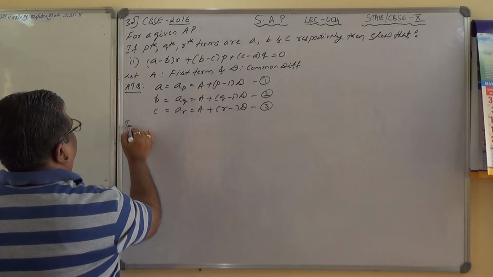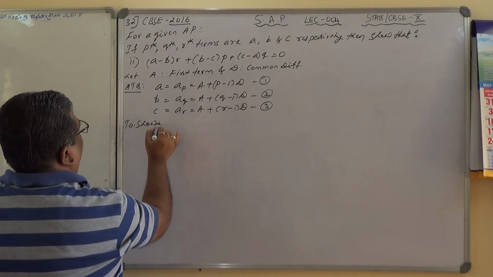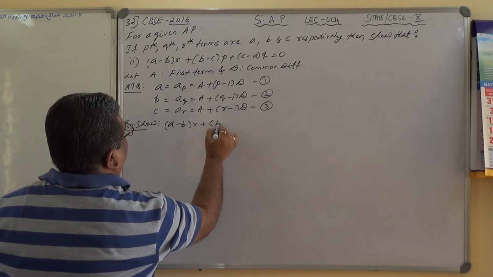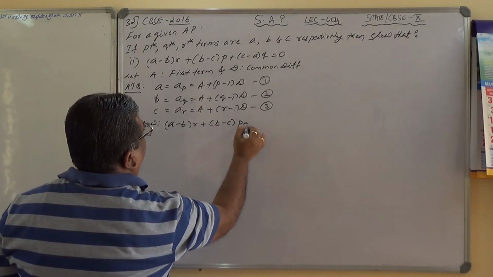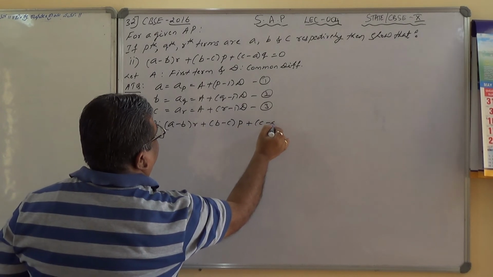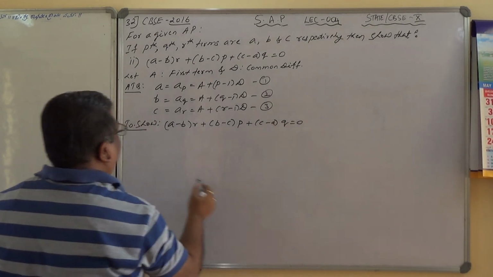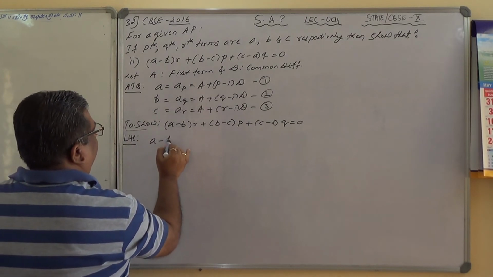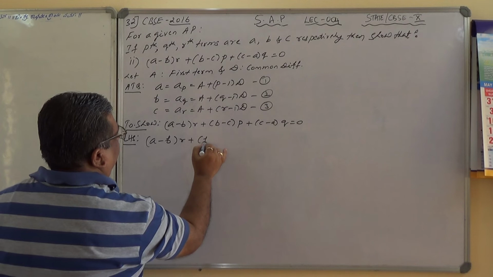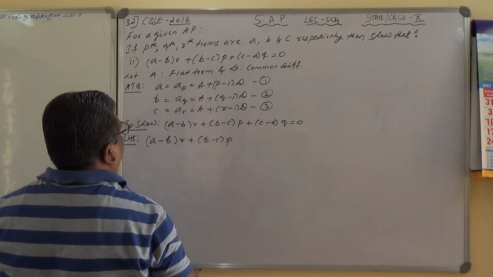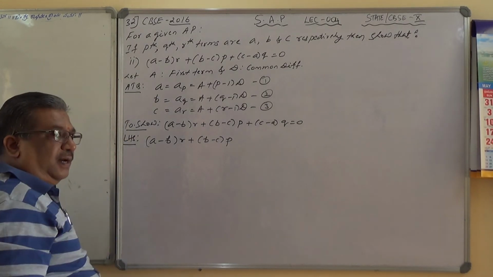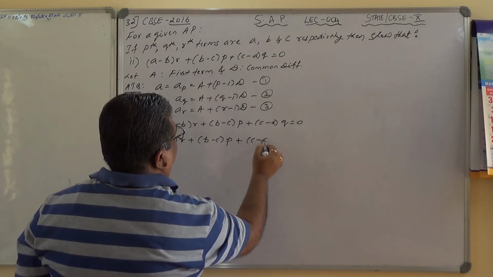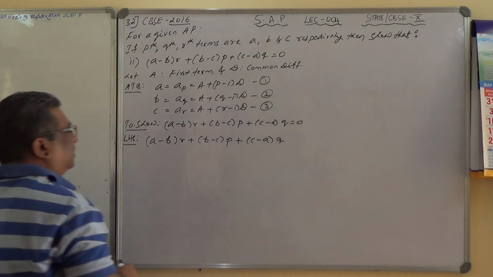To show A minus B times R plus B minus C times P plus C minus A times Q equals 0. So left hand side of the equation is A minus B times R plus B minus C times P plus C minus A times Q, LHS.